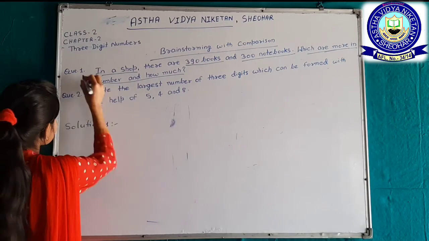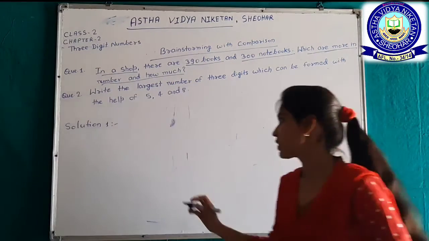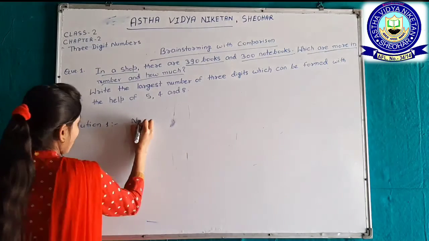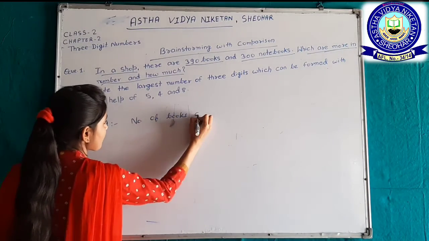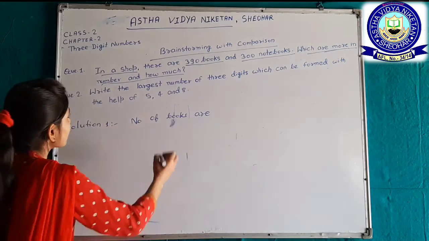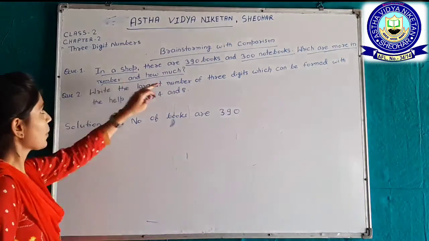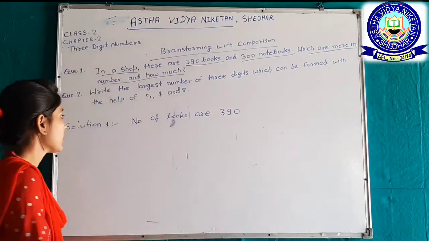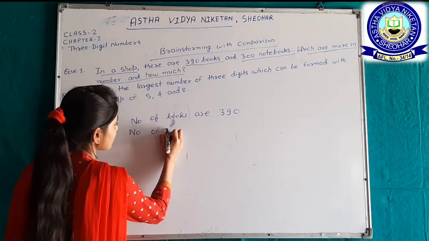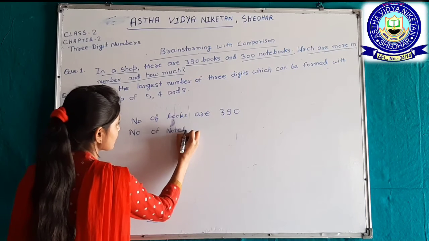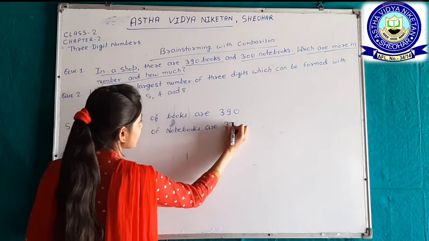Solution of the first question. In a shop, the number of books is 390 and the number of notebooks is 300.